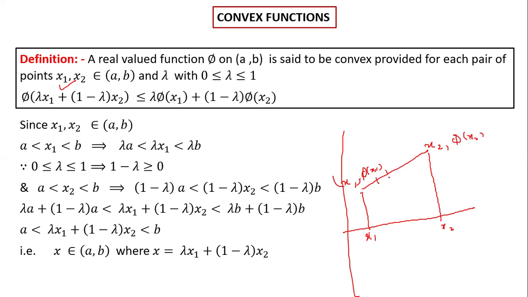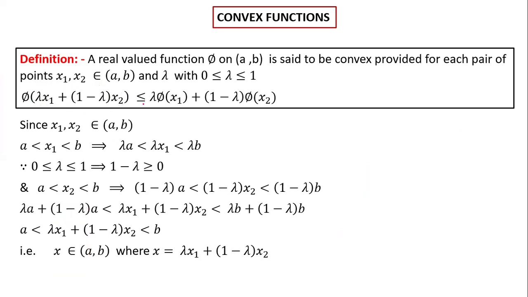That means your x represents every point on this straight line, joining the points with x coordinates x1 and x2. So this is the simple meaning of this input. Now, what is the meaning of this condition, which is making our function convex? Phi of lambda x1 plus (1 minus lambda) x2 is less than or equal to lambda phi of x1 plus (1 minus lambda) phi of x2. So let us discuss this geometrically, then I will make it more clear to you.